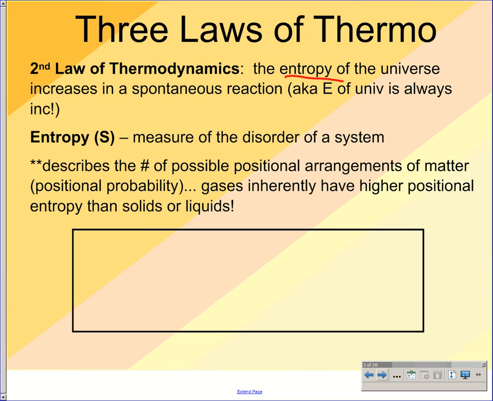The entropy of the universe wants to be increased, meaning that the system, the chemicals we're working with on a daily basis, wants to get rid of its excess energy and excess disorder and give it back to the universe. The only reason we do that is because we want the system to become more stable, and for it to become more stable, it goes to a more disordered state to give it to the universe.